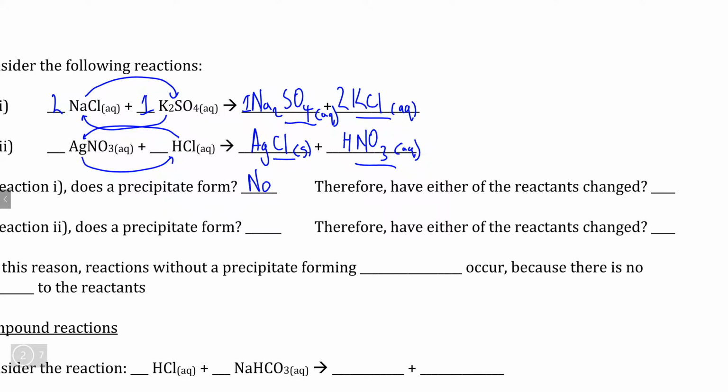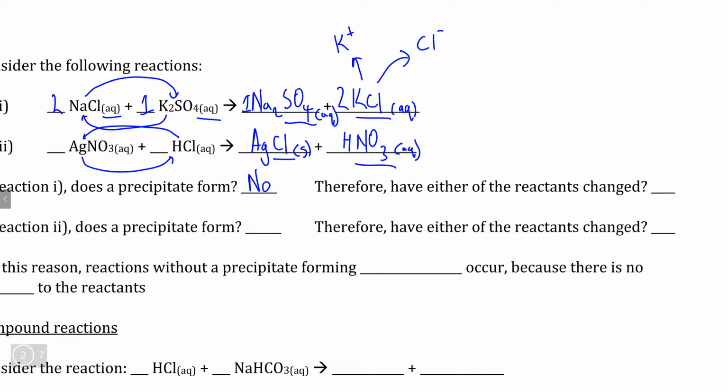Now, if you consider this, when we mix these two solutions together, both of these are solutions, and both of them are completely colorless in solution. And when we pour two colorless solutions together, there is no precipitate that forms, which means that we're not going to see anything. Now, because both of these exist dissolved, that means that in both of these compounds, the ions are going to stay separate from each other.